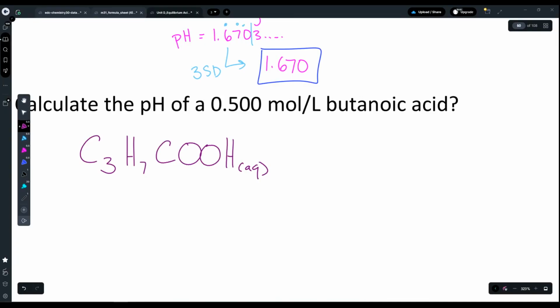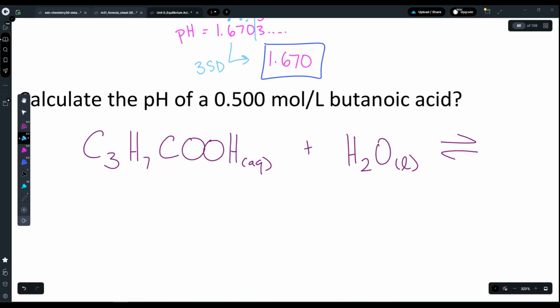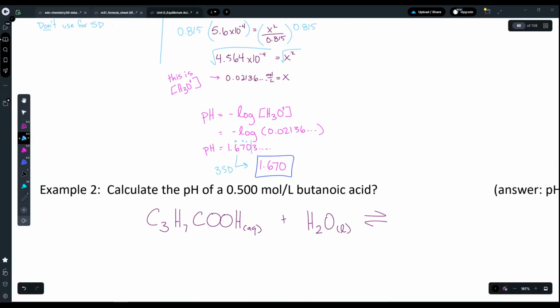Okay, so remember, acids are always aqueous. React it with water. Since it's a weak acid, we write the equilibrium arrow. Now, the acidic hydrogen is not going to be the one in the middle, okay? The acidic hydrogen is going to be the hydrogen at the very beginning of the compound.